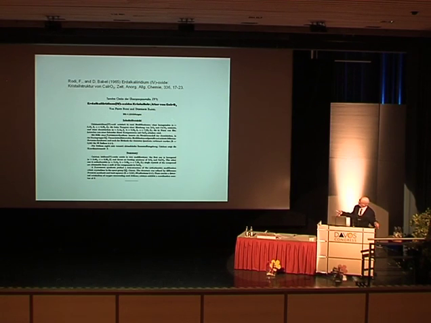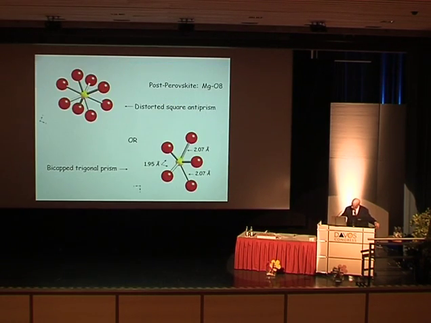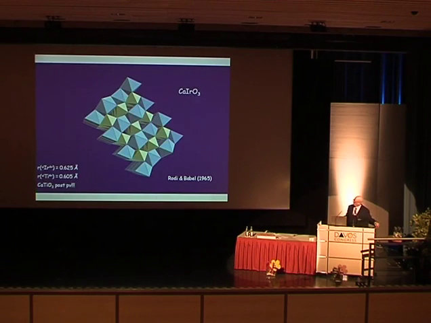Rodi and Babo published this paper in 1965, and we didn't know about silicate perovskite until 1975. This is the structure of the calcium iridium oxide.